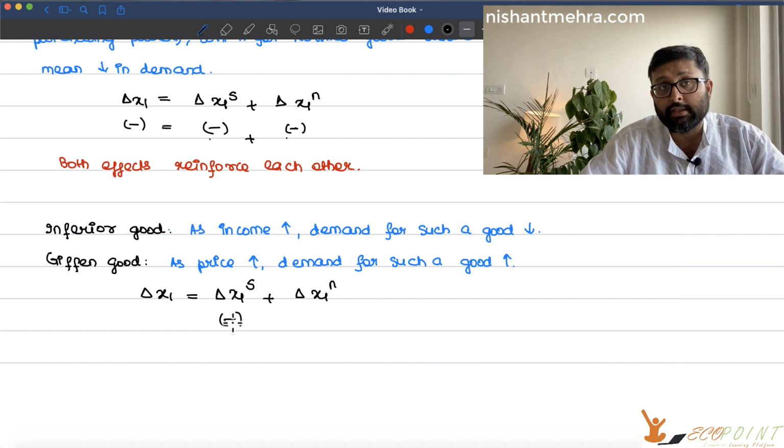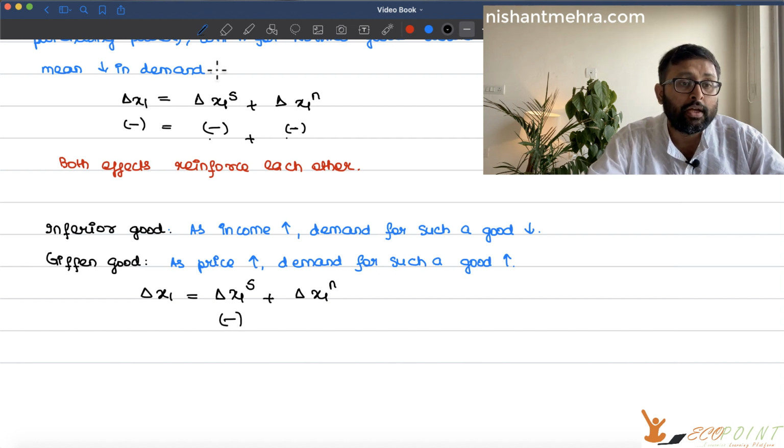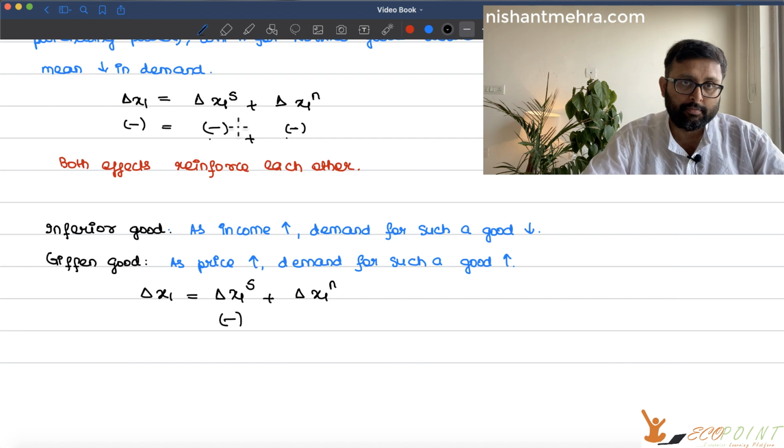But for some kinds of inferior goods, the income effect might outweigh the substitution effect. In the case of normal goods, they were both reinforcing each other. Here, in the case of inferior goods, there might be a wrong sign for the income effect.